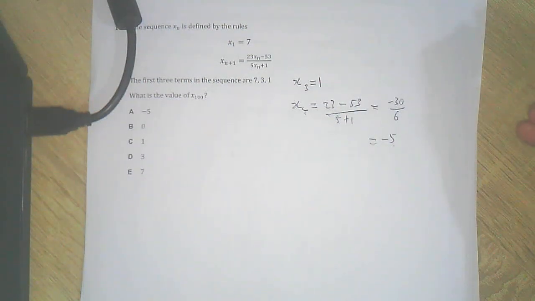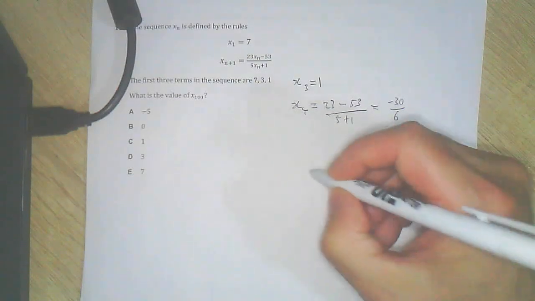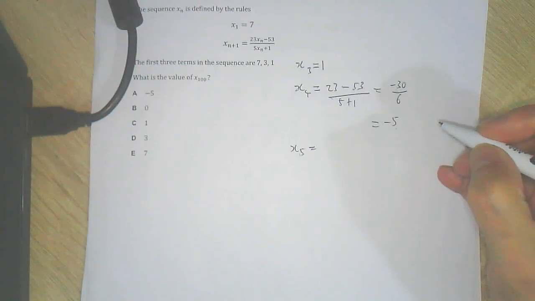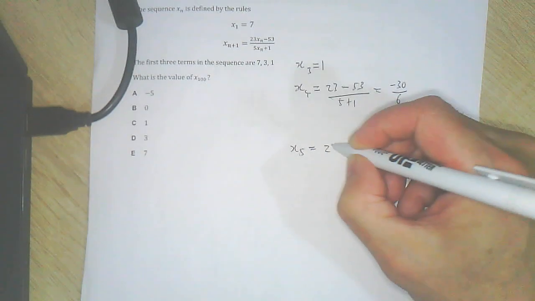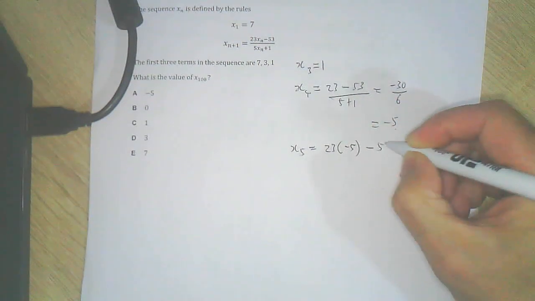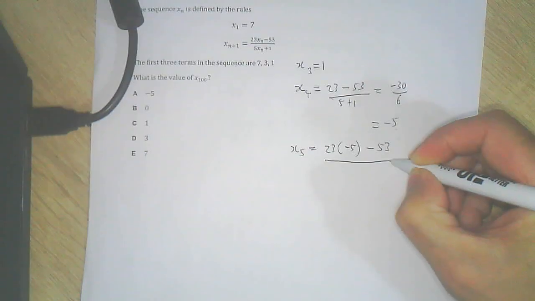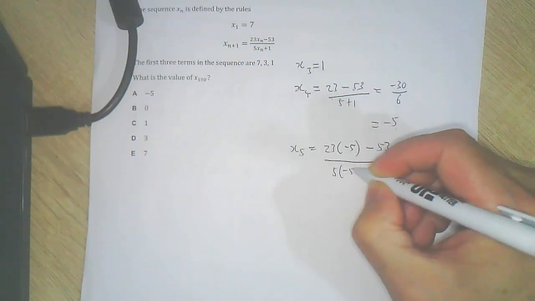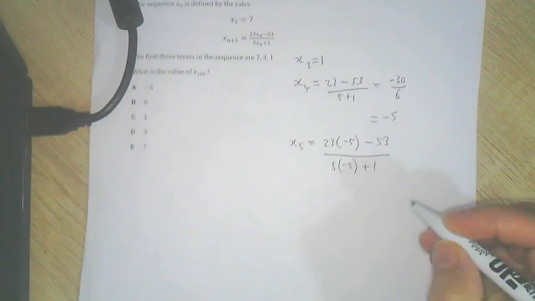So it looks like we're going to have to substitute back in again, which is a little more complicated. x5 is going to be (23 times minus 5 minus 53) over (5 times minus 5 plus 1).